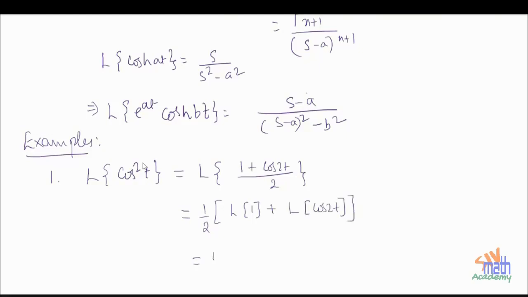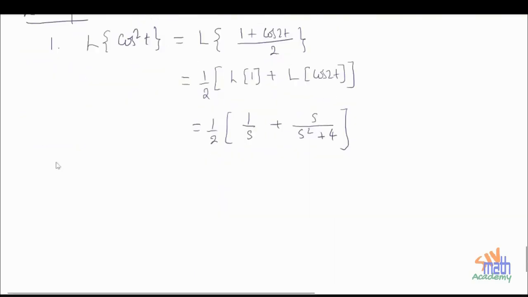This is half into 1 by s, formula already I know, and this formula also I know, s upon s square plus 2 square, that is 4. My job is done. This is the first problem, so cos square t I have found out.